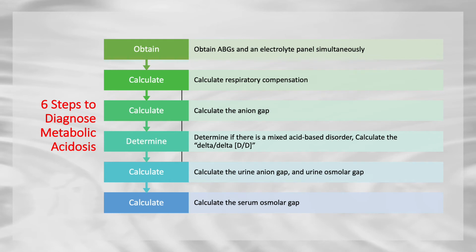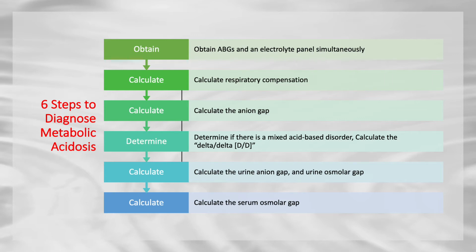These are the 6 steps. First, you need to obtain ABGs and an electrolyte panel simultaneously. You want to make sure that we fit the definition. If we do, step 2, calculate respiratory compensation. Step 3, calculate the anion gap. This is going to tell you if you have anion gap metabolic acidosis or non-anion gap metabolic acidosis. Next, calculate delta.